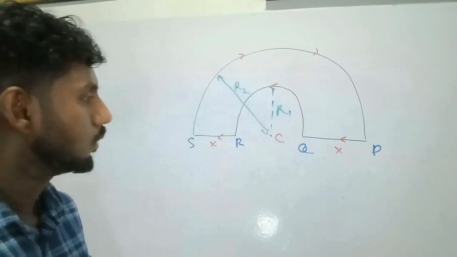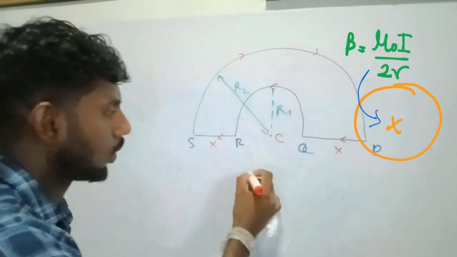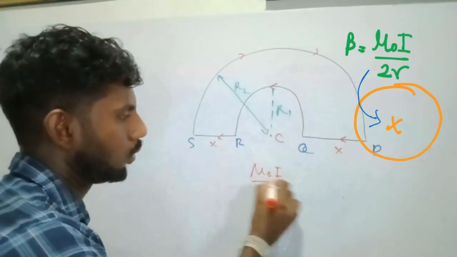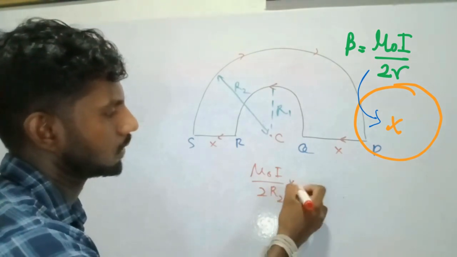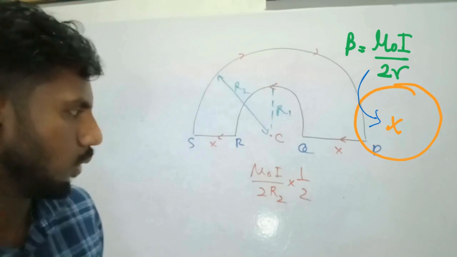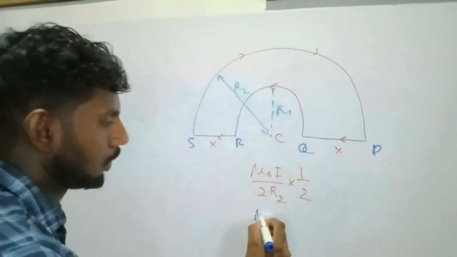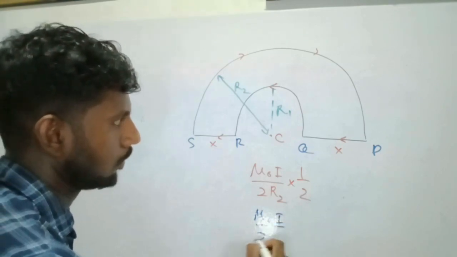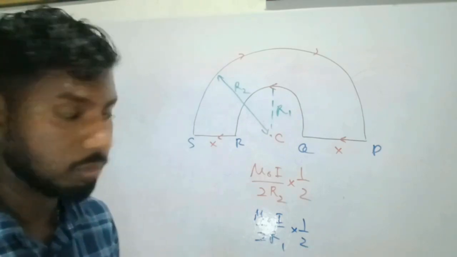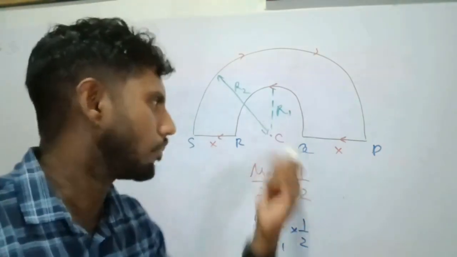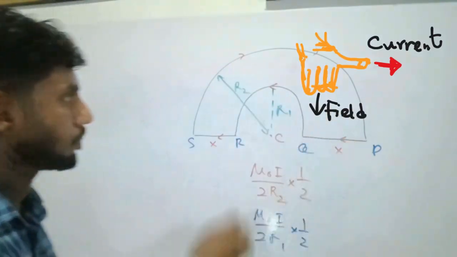They are semicircles for sure. So let's write the equation for the larger one. The radius is R2, so mu naught I over 2R2, but it's a semicircle, so times half. Again for the smaller one, let's write the equation: mu naught I over 2R1, times half. Now we need to check whether we need to subtract or add them. Again, right hand grip.